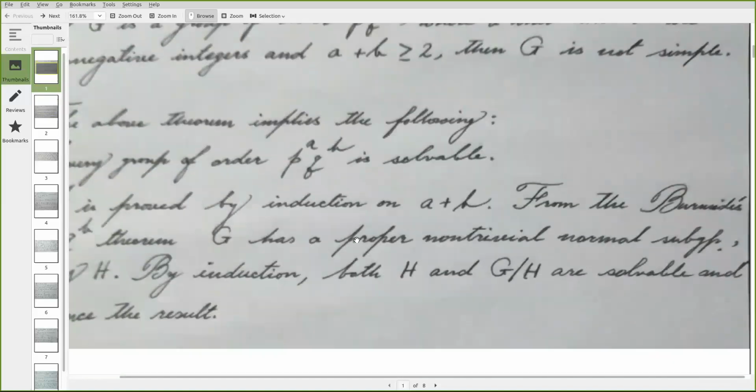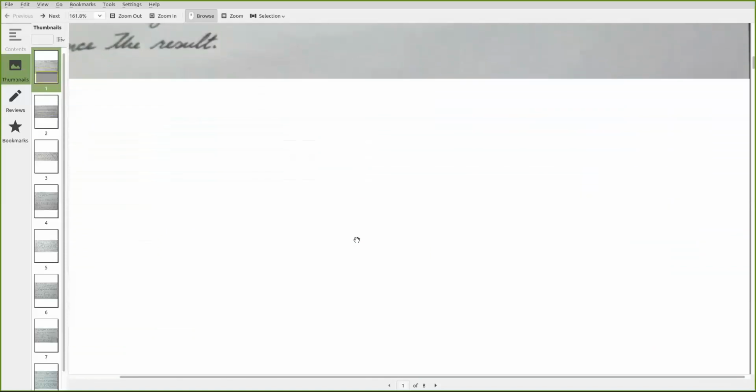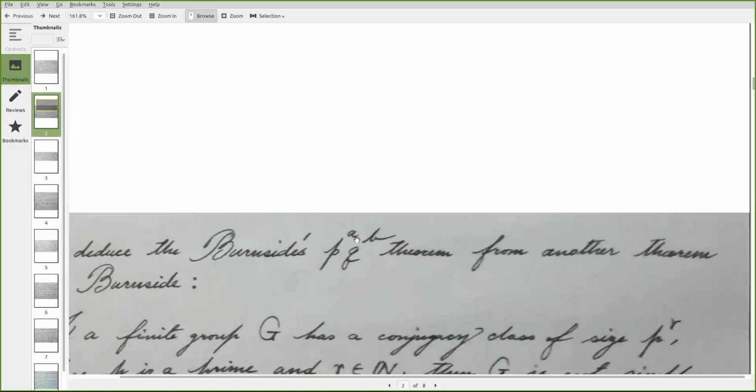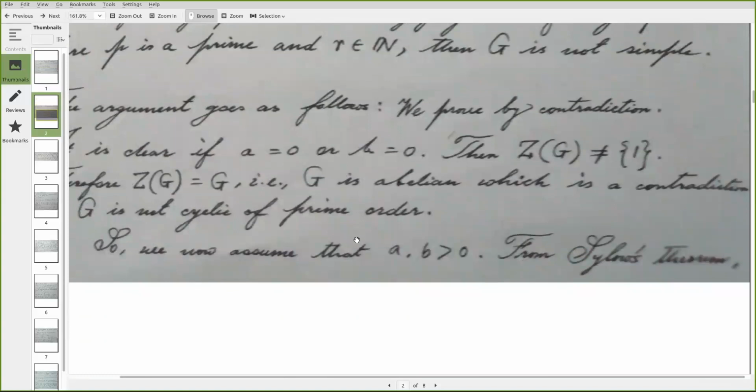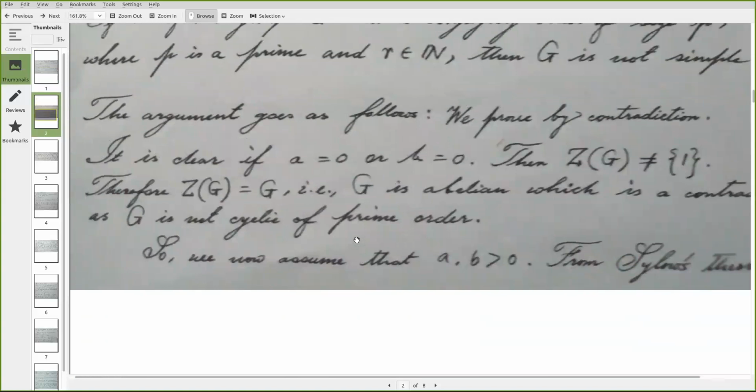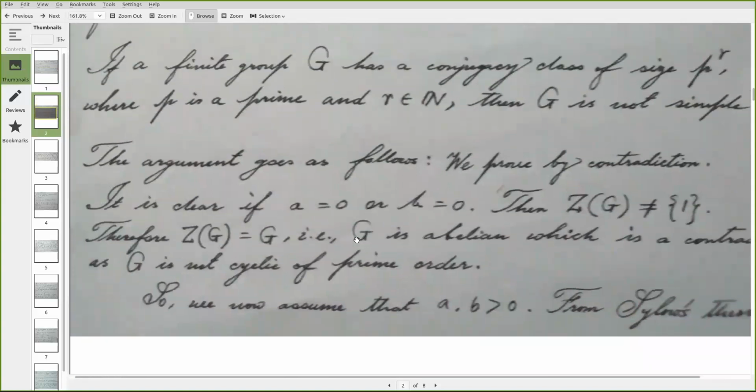Now let's come here. As I said, our assumption is that a plus b is at least 2. So first we look at the case when a is 0 or b is 0.